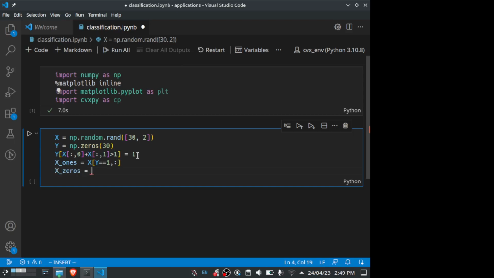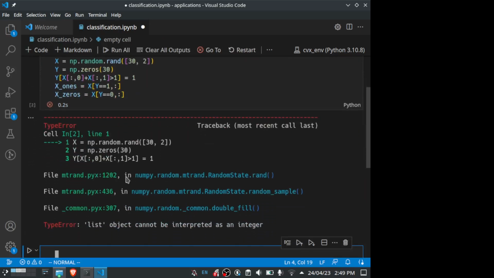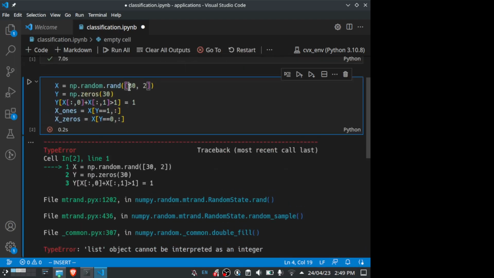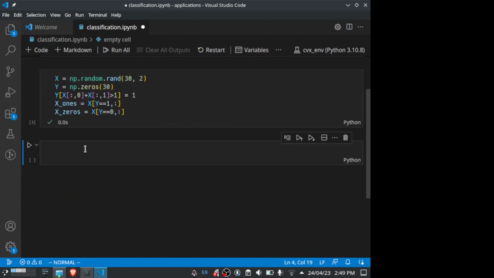All those points which are labeled 0 are going to be put into x zeros. Okay, so let's just plot these points.